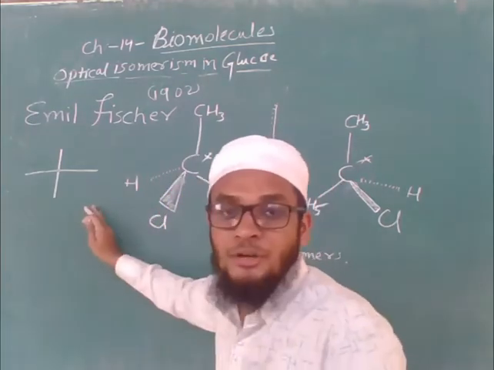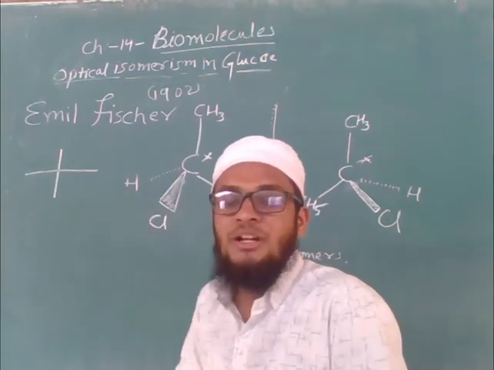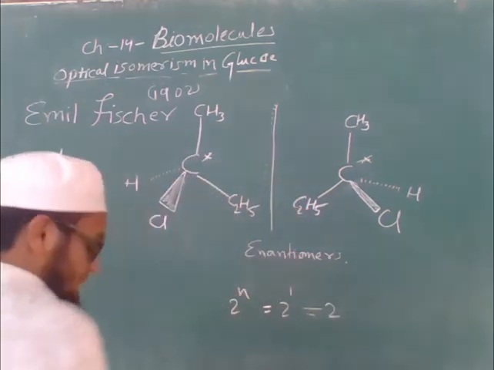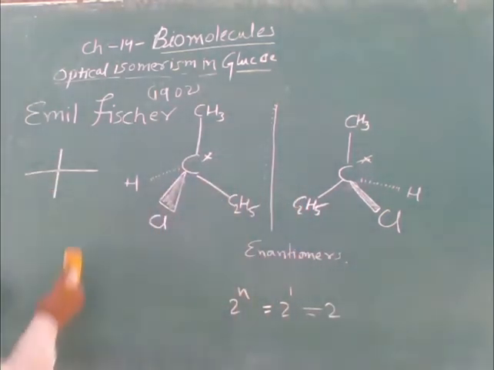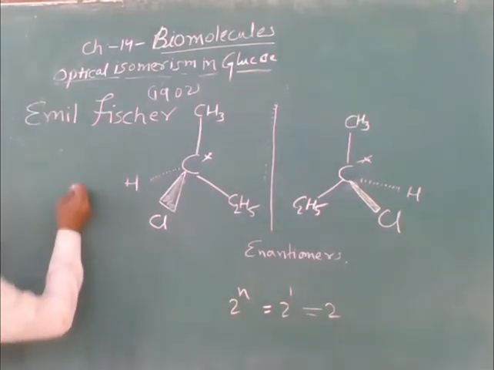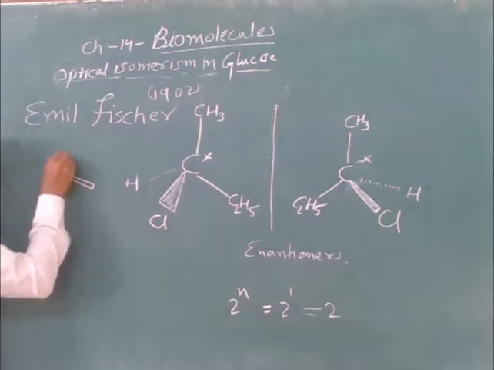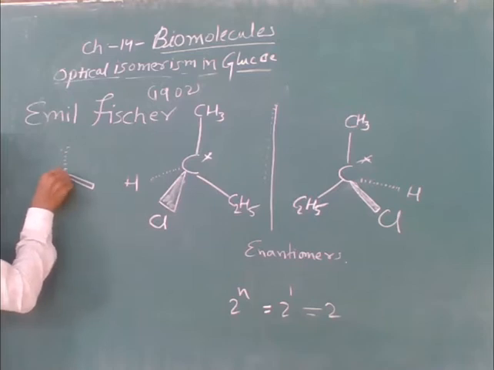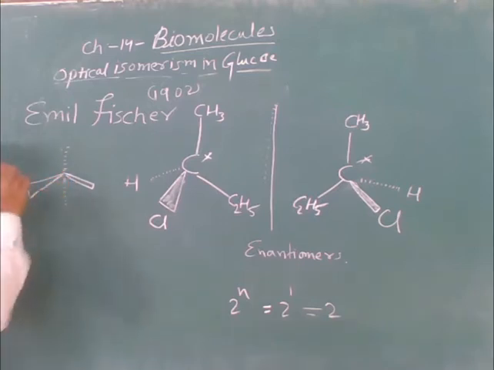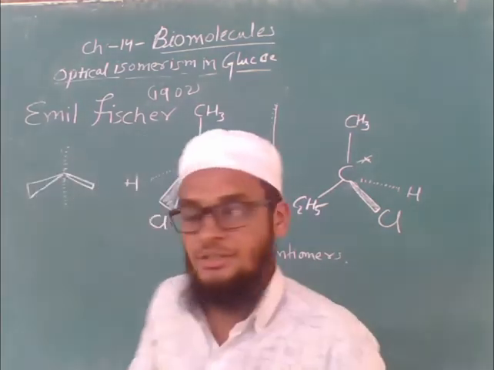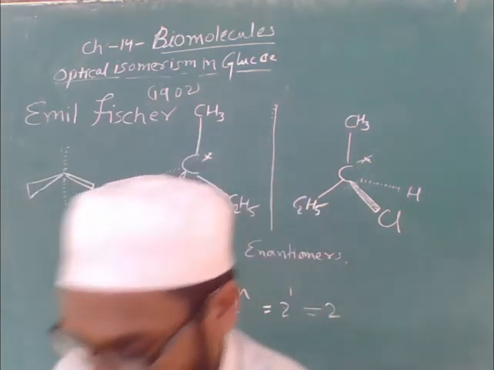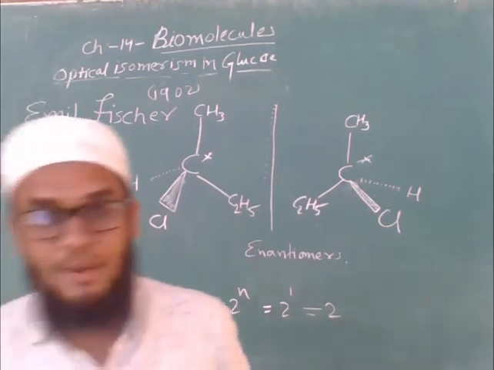Now, there are certain rules to draw this structure. What are the rules? First, what it shows. Let me tell you what it shows. Suppose this two wedge shape. First look at here, this two wedge shape. Now again I will show you with the pens.